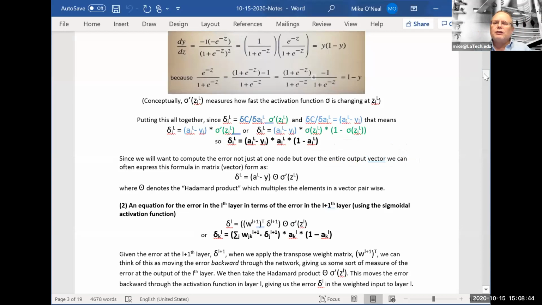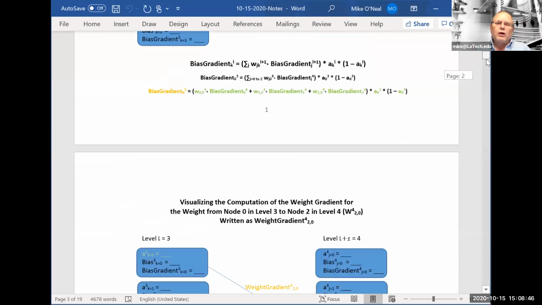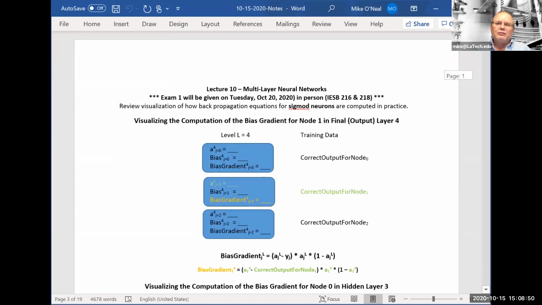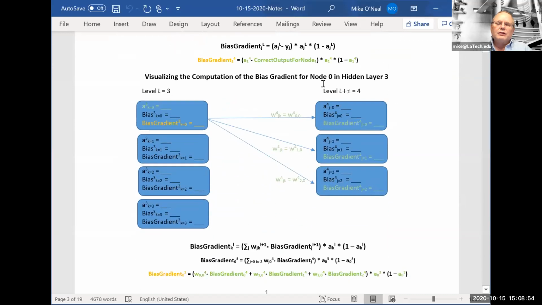This is where you take the weights, right? To get the bias gradient here, I have to take the weight times the bias gradient, the weight times the bias gradient, the weight times the bias gradient.